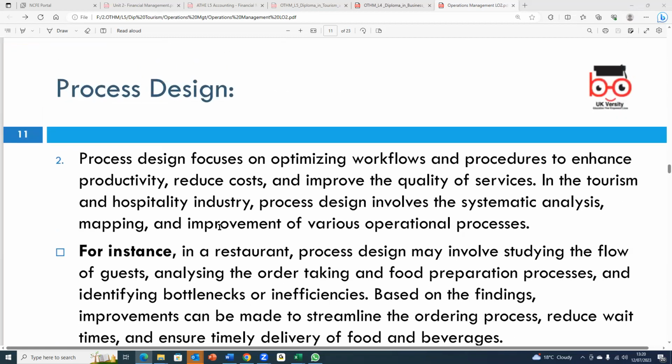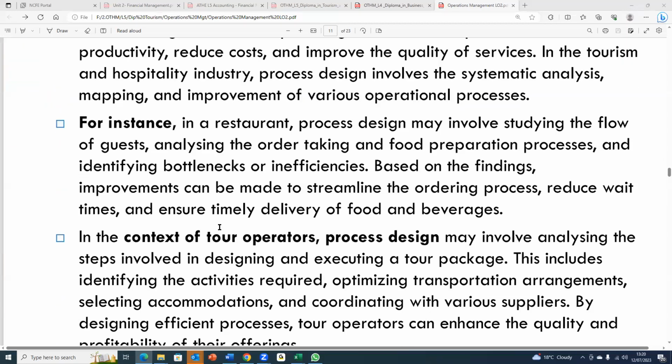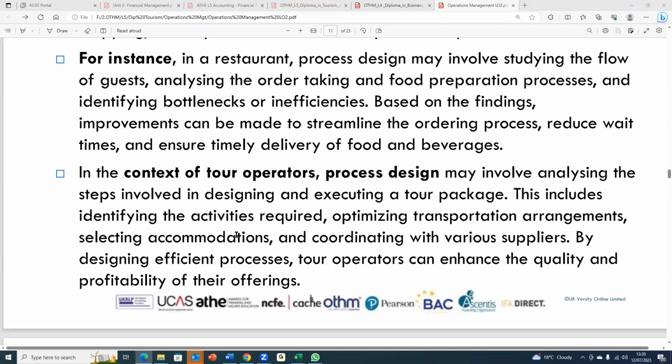So this kind of process design is a system that you can use in the hospitality trade, specifically in a restaurant, for example, or in some kind of tour operators.